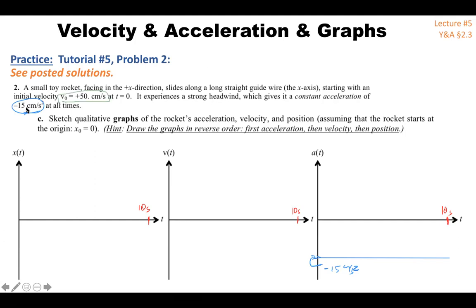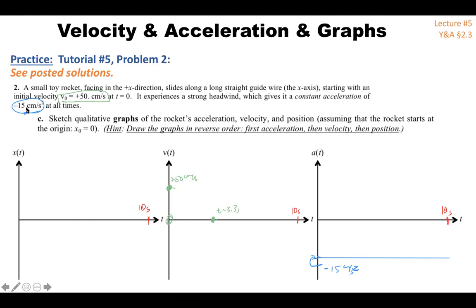So that means we need some sort of initial point up here at positive 50. Then in part A, we solved that the velocity is going to be 0 at t equals 3.3 seconds. So that's a third of the way along this time axis. That's when the velocity is going to be 0, at t equals 3.3 seconds.